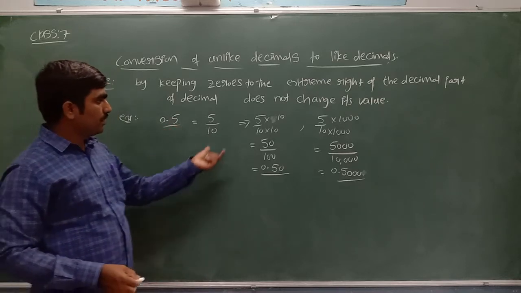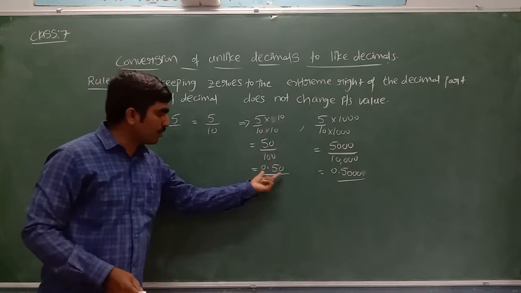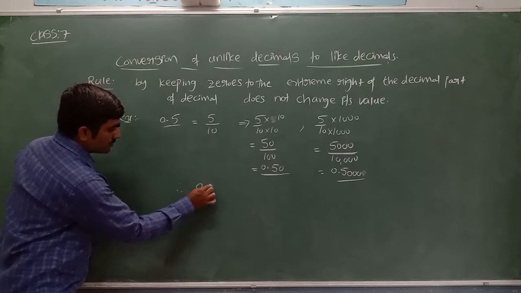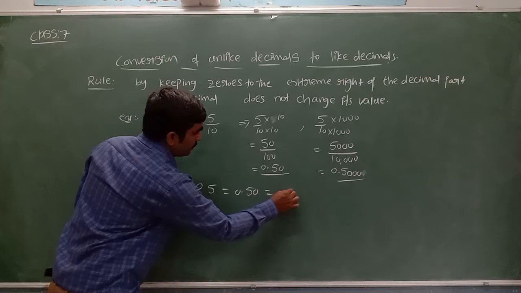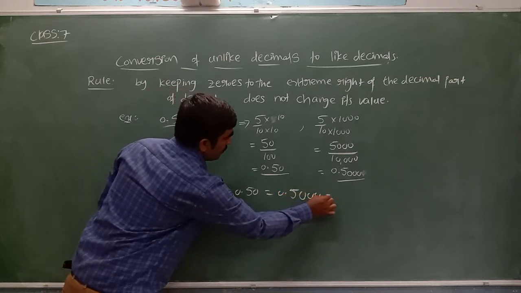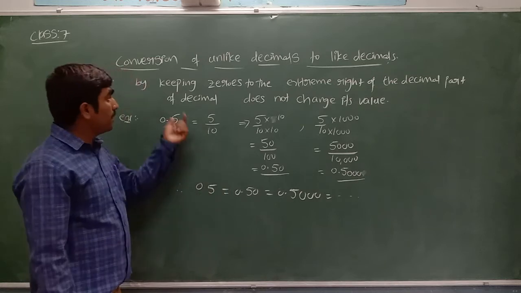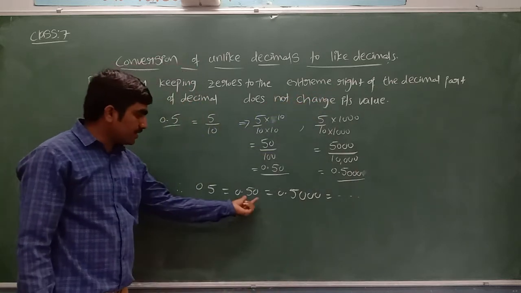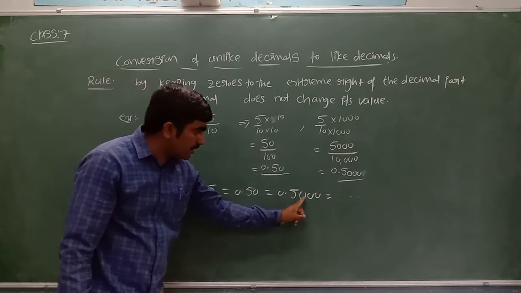0.5. By multiplying both, there is no change. Therefore, we got 0.5 is equal to 0.50, which is equal to 0.500. This all means that by keeping zeros at the extreme right of the decimal part, is there any change in value?